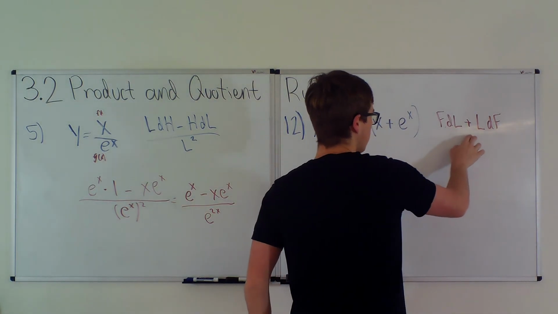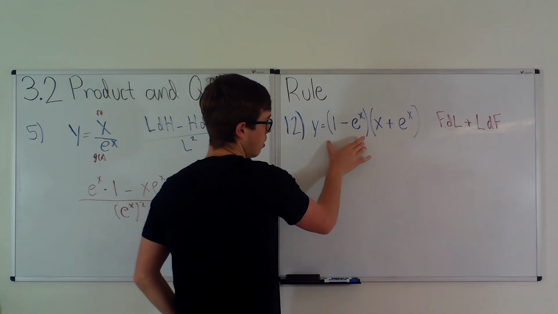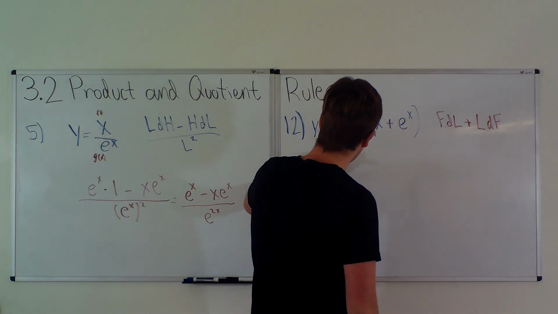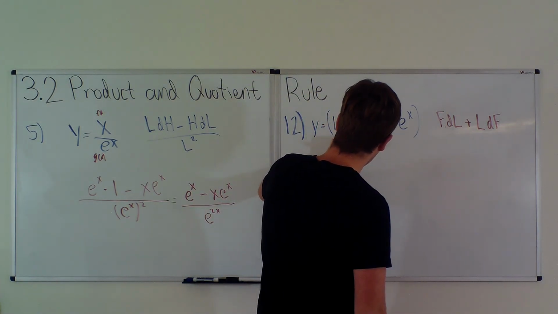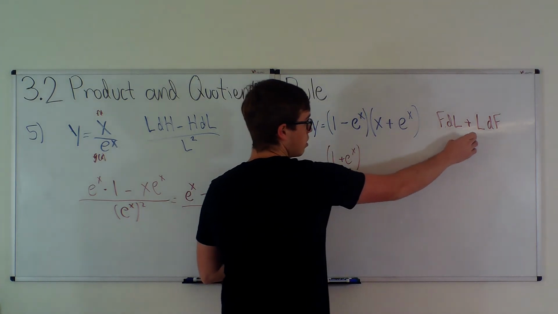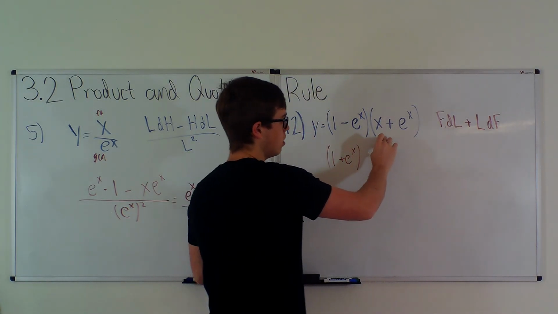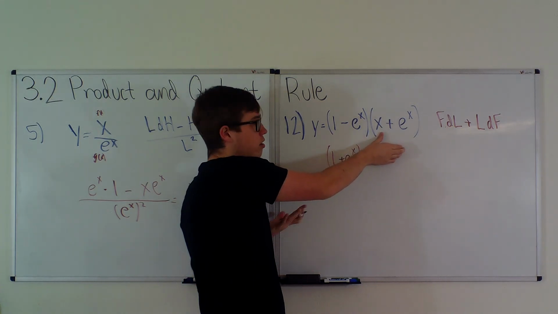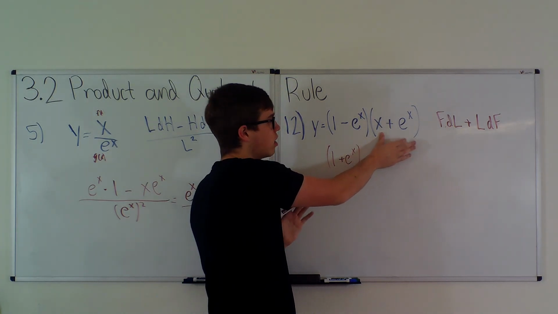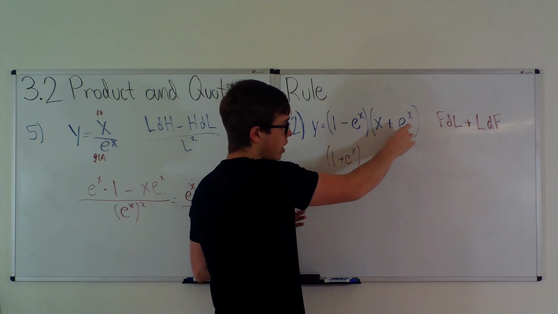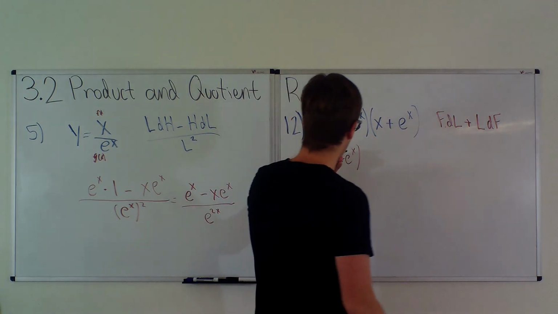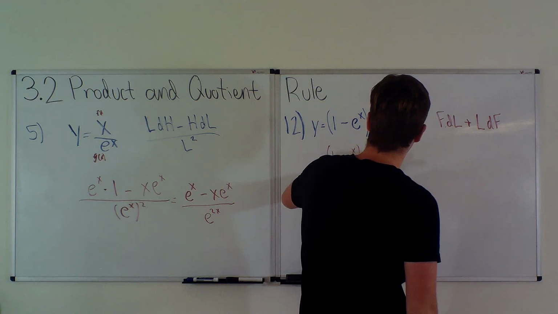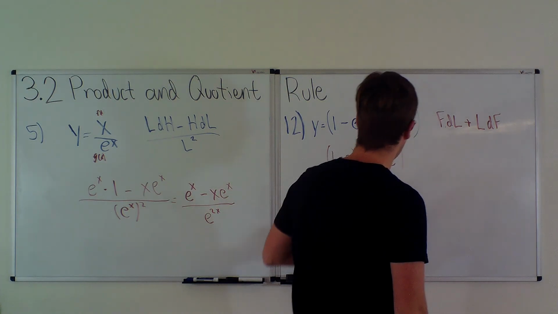So first d last plus last d first. So it's first, 1 minus e to the x, times d last. What's the derivative of x plus e to the x? The derivative of x is 1, plus the derivative of e to the x, which is e to the x. So then you just have 1 plus e to the x.